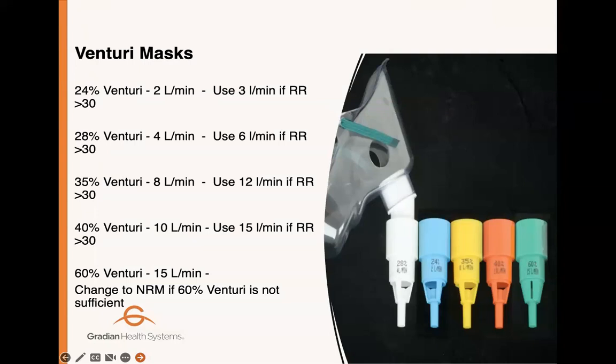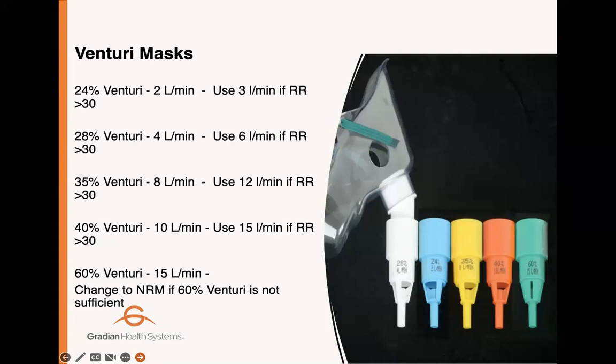Depending on the color coding and the flow that you are giving, you get a certain fraction of inspired oxygen. When you want 24%, you go to 2 liters per minute, or use 3 liters per minute if the respiratory rate is more than 30. So it goes by that. 28%, you go to 4 liters per minute, 35%, 8 liters per minute, and 40%, 10 liters per minute. So it depends on the color coding.